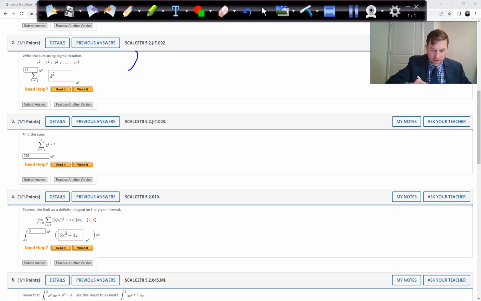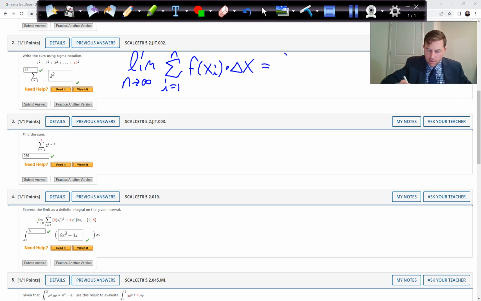So it turns out that if I have the limit as n approaches infinity of the summation of i equals 1 to n of some function of xi times delta x, that can be written as what we call the definite integral from a to b of the function times dx.